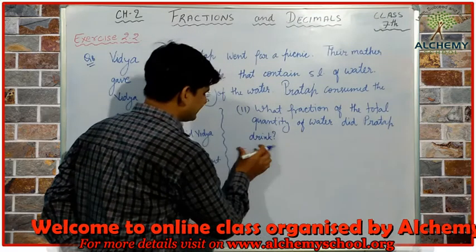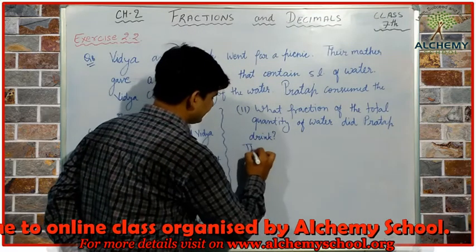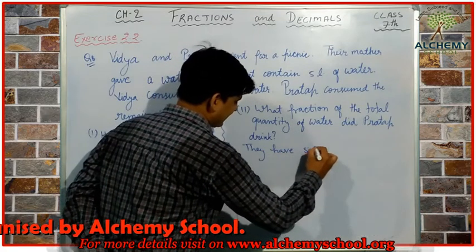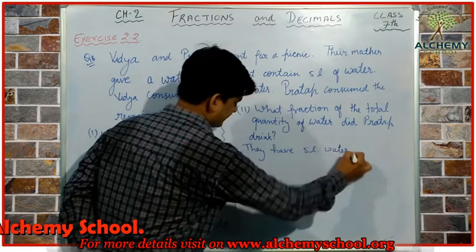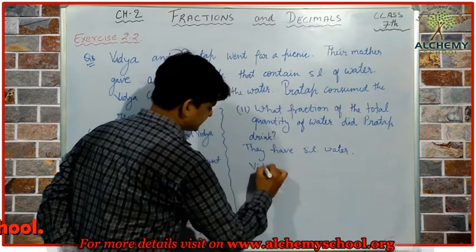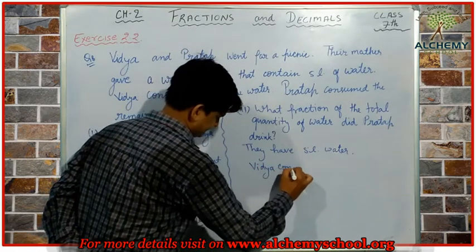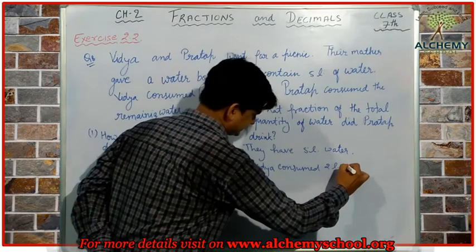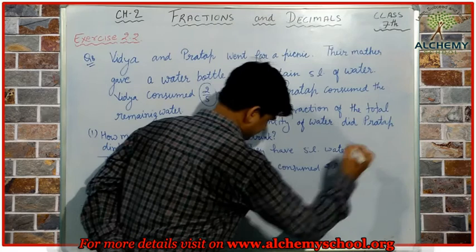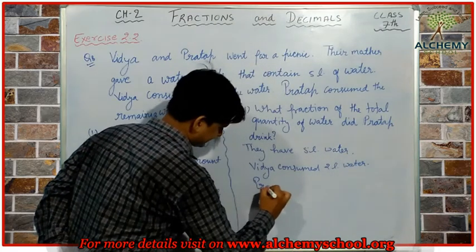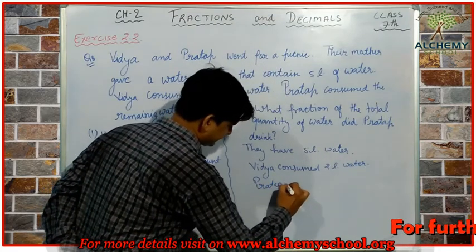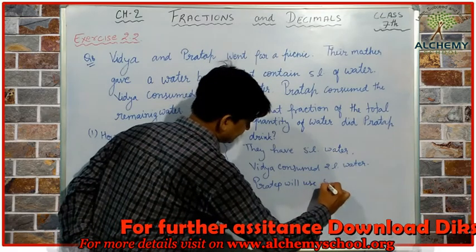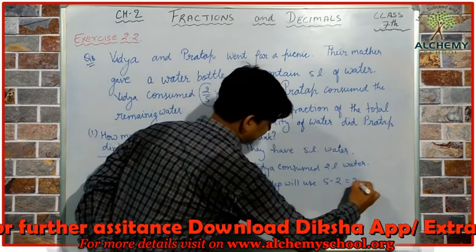So they have 5 liters of water and Vidya consumed 2 liters of water. So Pratap will use 5 minus 2 is equal to 3 liters of water.